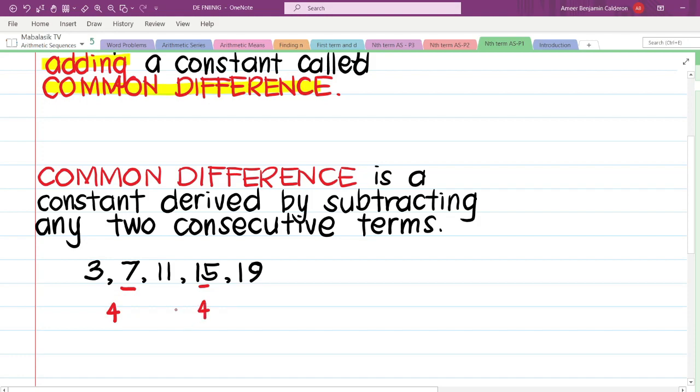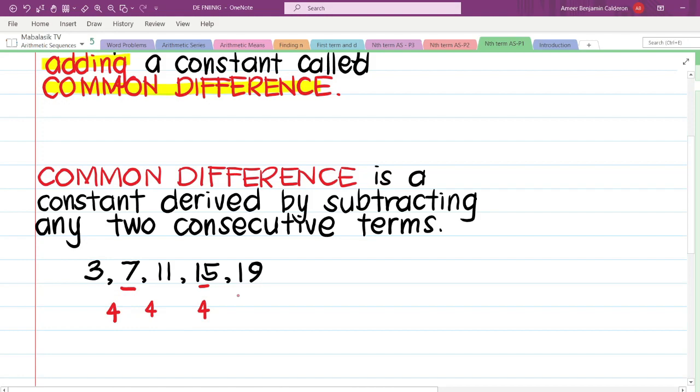Actually, if I take 11 and subtract the previous term, 7 from 11, I do get 4 as well. And same is true with the other terms. If we get the same difference, if we take a term and subtract the previous term from that term, then we have a common difference, quote unquote common.